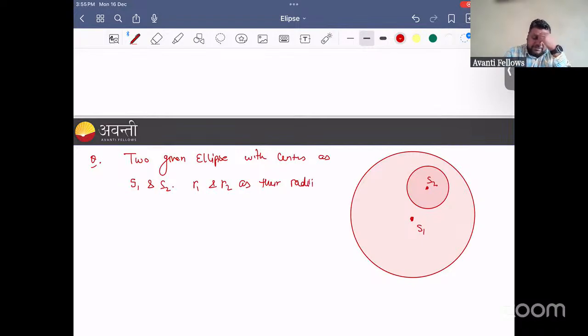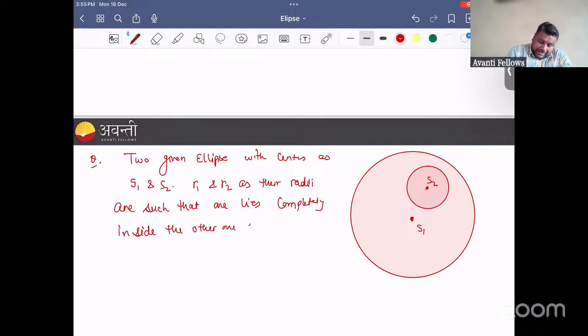So, two given circles with centers S1, S2 and R1, R2 as their radii are such that one lies completely inside the other one and they are non-concentric.